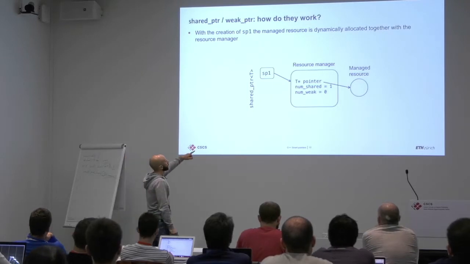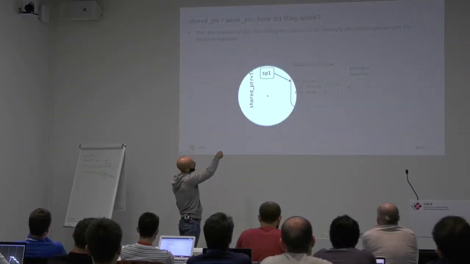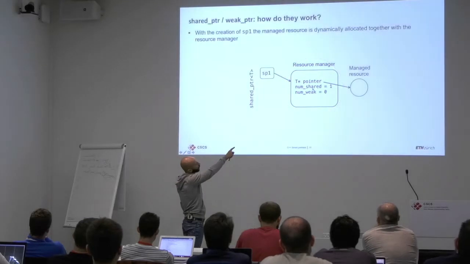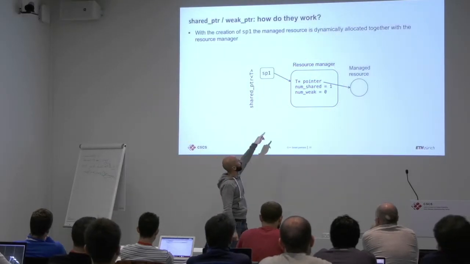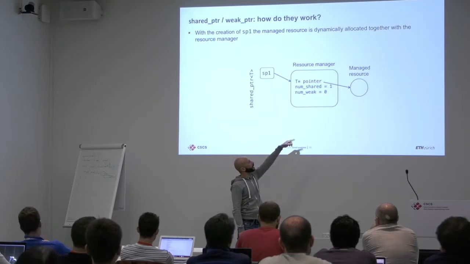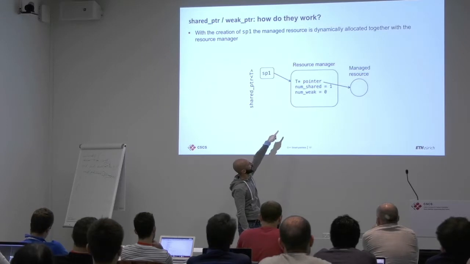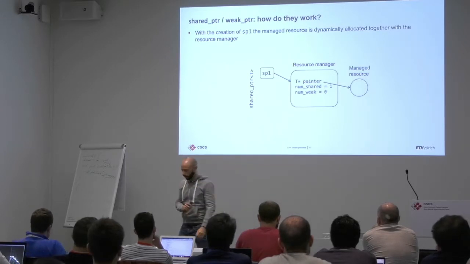So you start, for example, with the creation of a new shared pointer. This corresponds to the allocation of two objects, a resource manager and a managed resource. You will have the raw pointer that points to that managed resource, to the memory allocation on the heap. The number of shared pointers is 1, and the number of weak pointers is 0.